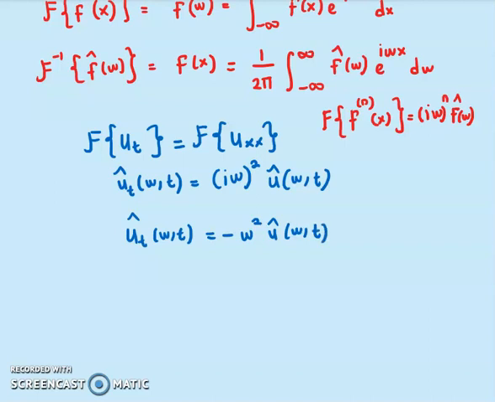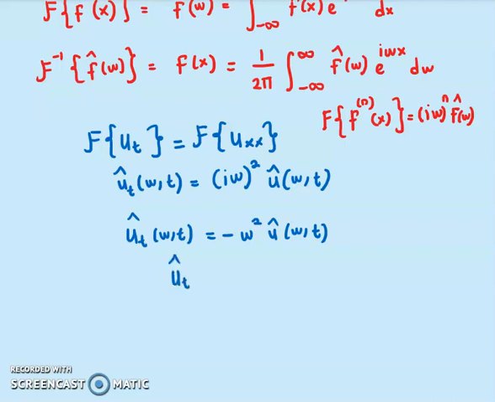Now to solve this equation, we can treat this as a first order homogeneous equation. So I can use either an integrating factor or separable variables. For simplicity, I'm going to just use separable variables.